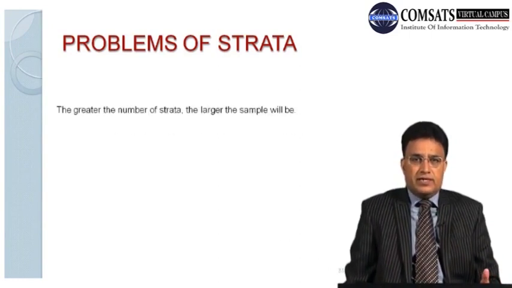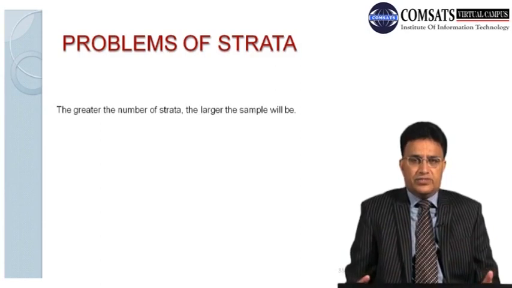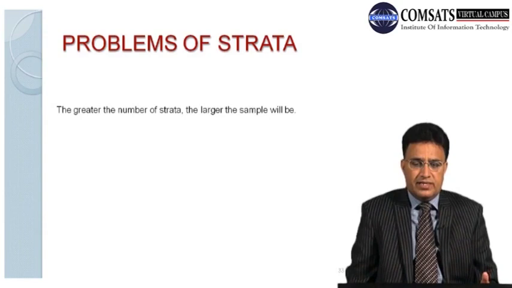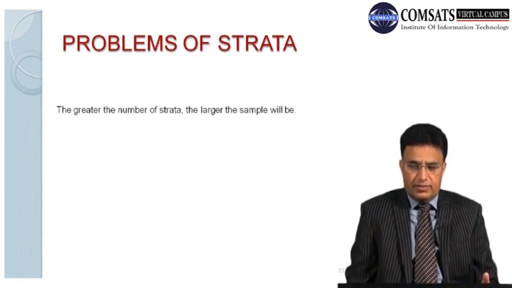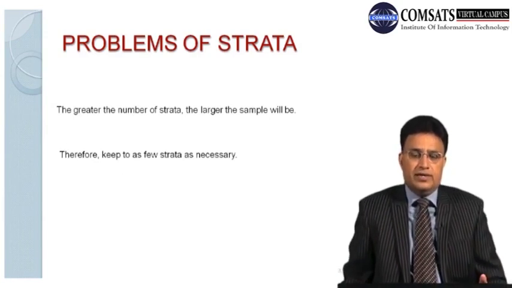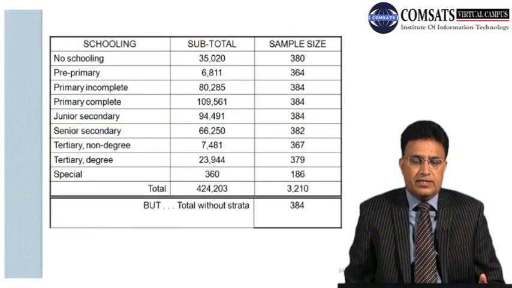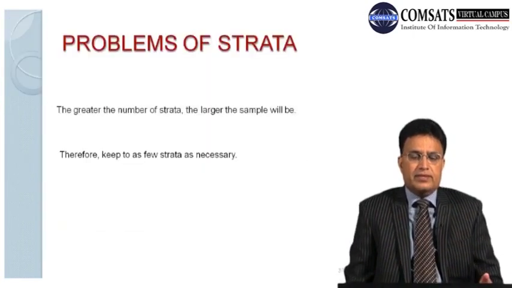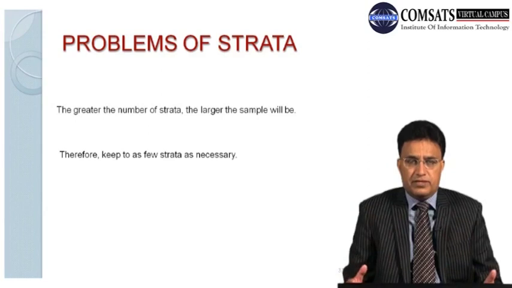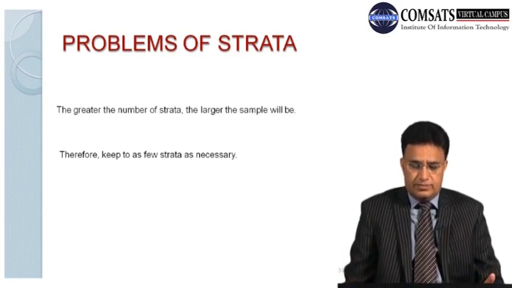The greater the number of strata, I mean if there is more variation in the population, and there are different strata or groups within it, then the larger the sample will need to be. Therefore, keep to as few strata as necessary, meaning the diversity should be minimum. If there are very divergent people in the group, you need a larger sample accordingly.